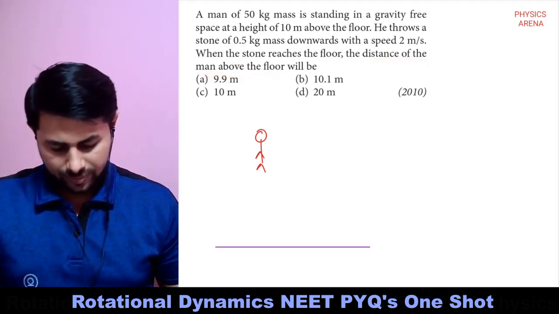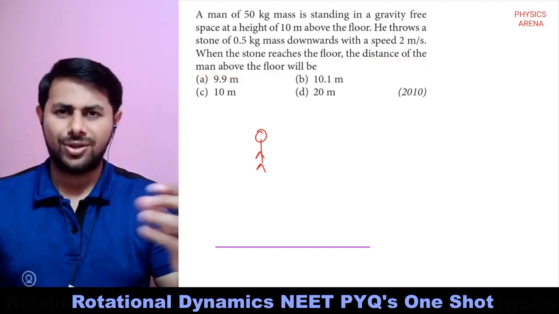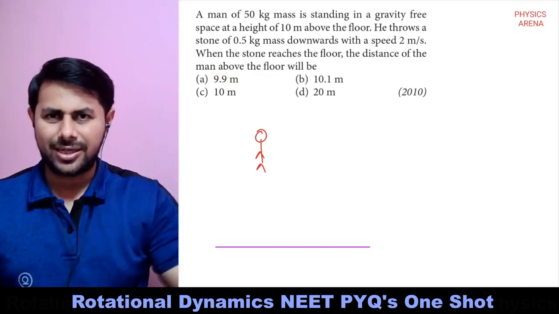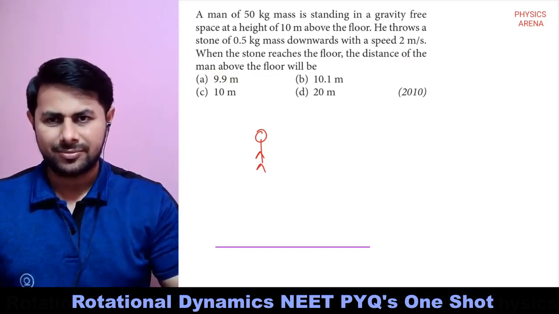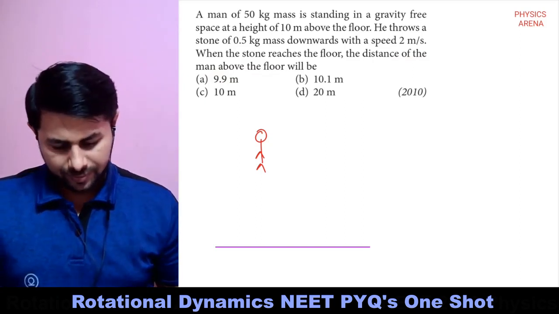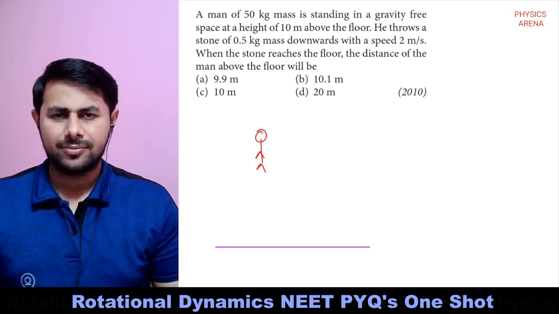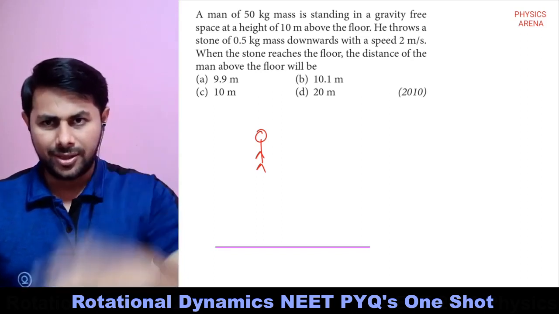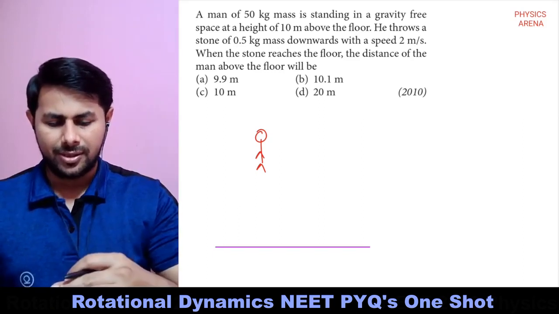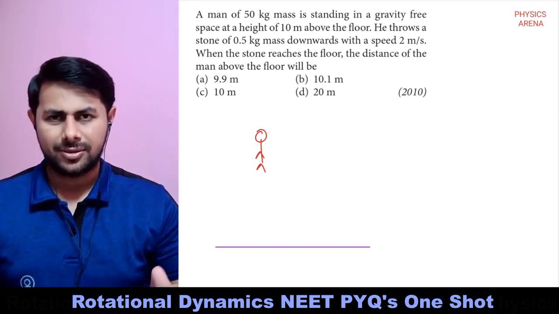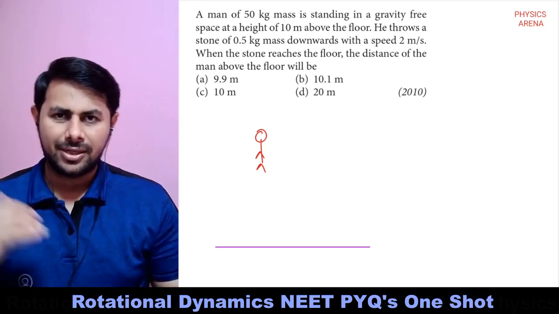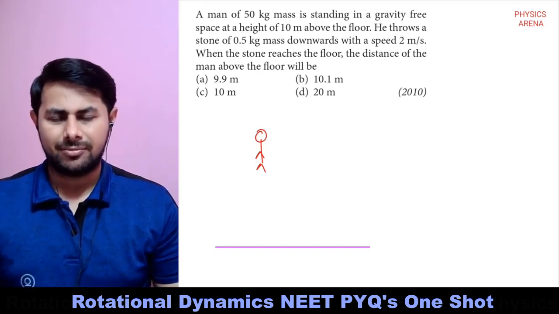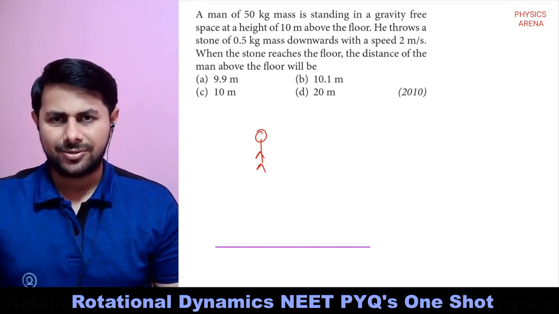This is the question. So see, the man is holding a stone. He throws that stone downwards. Okay. So what will happen? He can only throw the stone downwards by applying some force, right? So equal and opposite force will be applied by the stone on the man also.